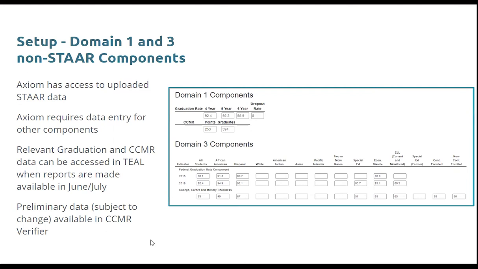You'll have to go in there and check that, but I believe that those are available now. Axiom does require manual data entry for this information for all schools and districts that have graduation rates and CCMR. If you do not input this information, but the campus is configured as a high school, for example, that campus will be looking for this information and will not provide an accurate projection because it will be missing the data.